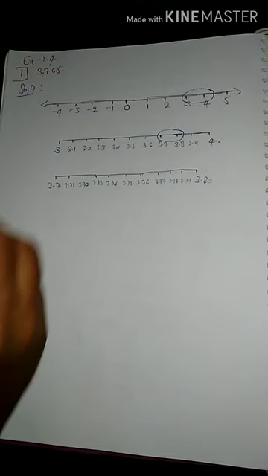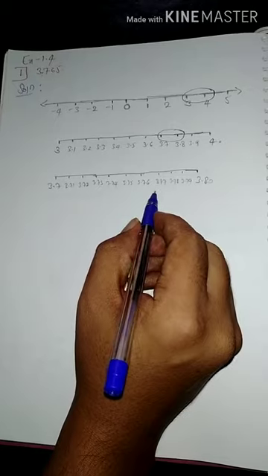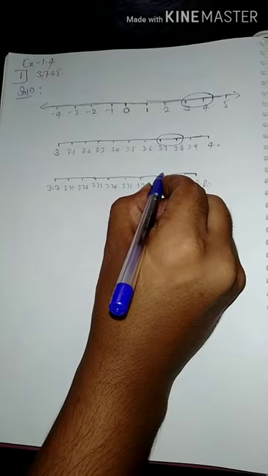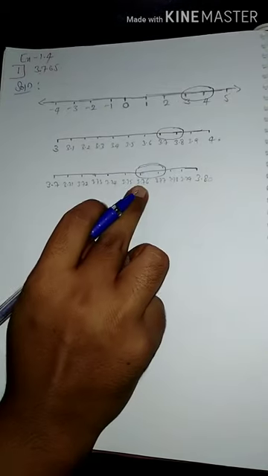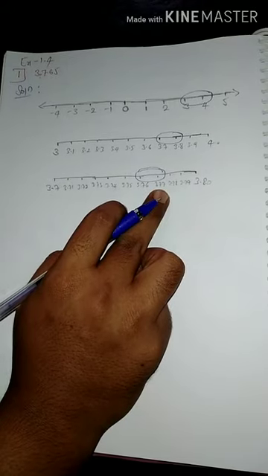See here students, 3.765 lies between 3.76 and 3.77. Again 3.76 and 3.77 is divided into 10 equal parts. So take it out.